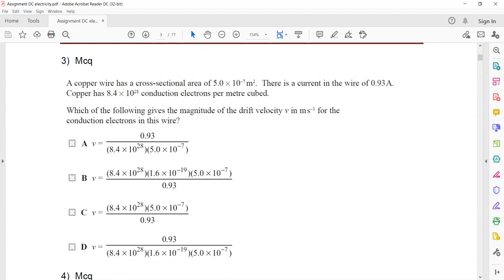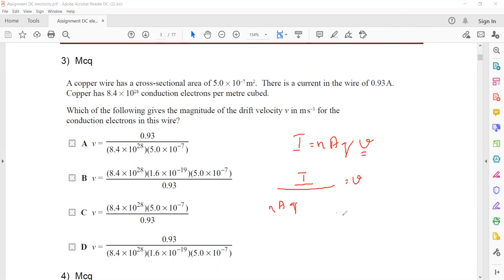So we have the formula I equals nAQv, where I is the current, n is the number of charge carriers per unit volume, A is the area, Q is the charge of the particle responsible for conduction, that's the electron, and v is the drift speed. We need the drift speed, so v equals I divided by nAQ.